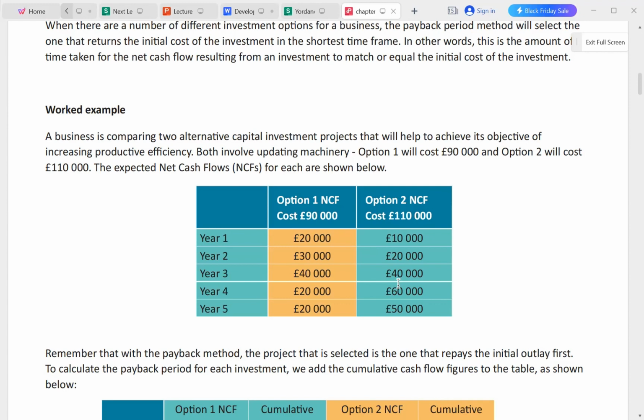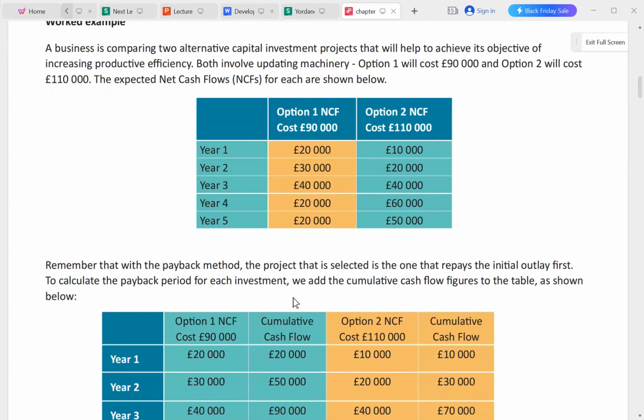In the second year, you get 30,000 for the 90,000 investment, and for the 110,000 investment, you will get 20,000. As you see here, it goes on for 5 years, showing how each investment pays back.